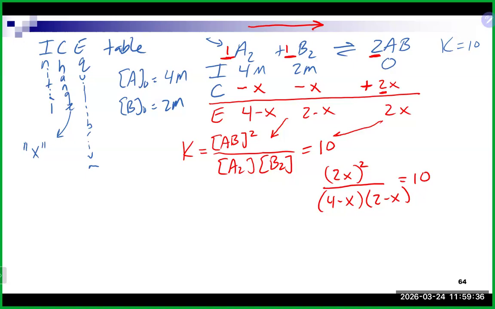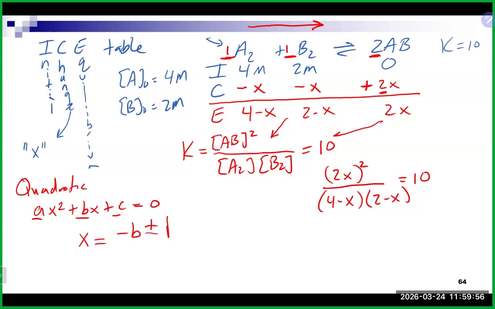Now, we do use things like the quadratic. Yes, a little quadratic, I know. That is something like ax squared plus bx plus c equals 0, where a, b, and c are used in x equals minus b plus or minus the square root of b squared minus 4ac, divided by 2a.